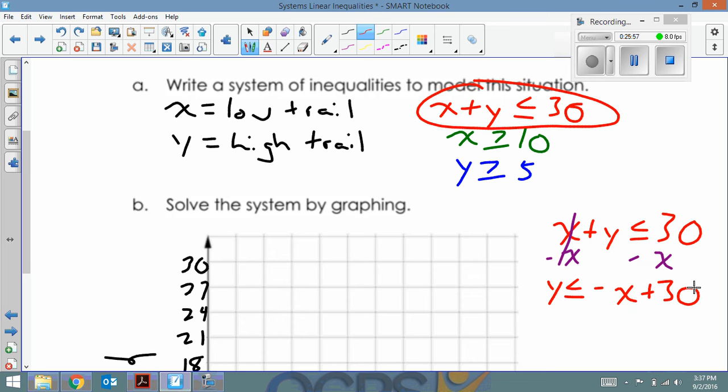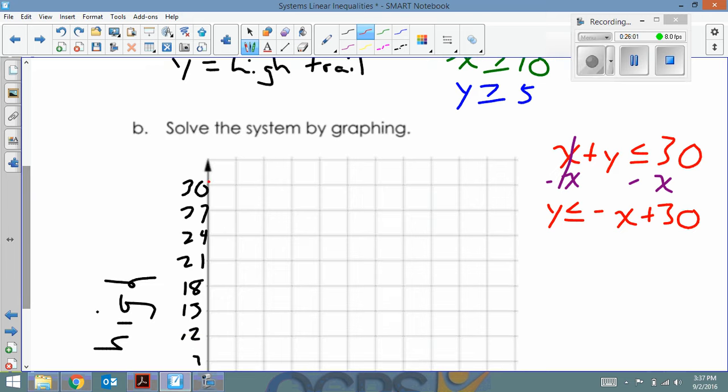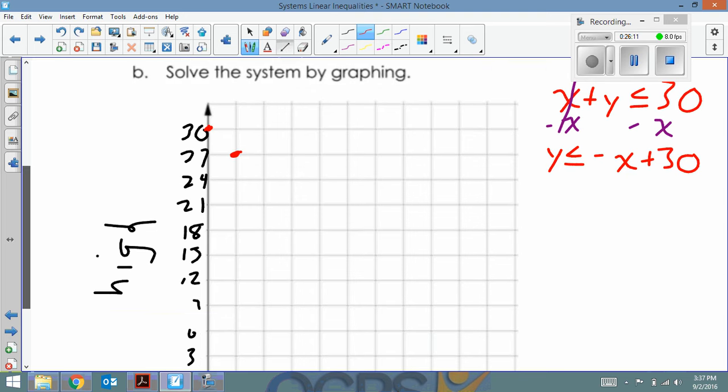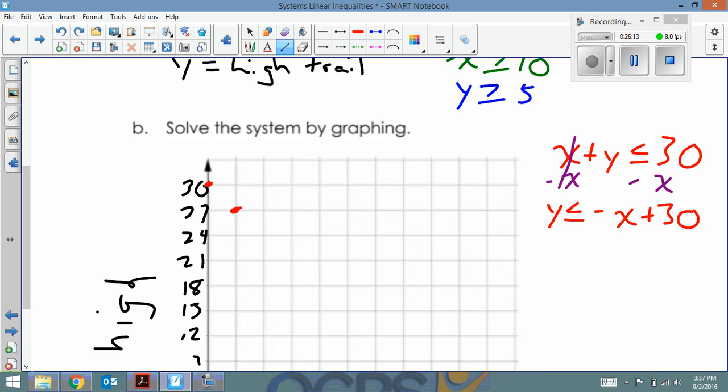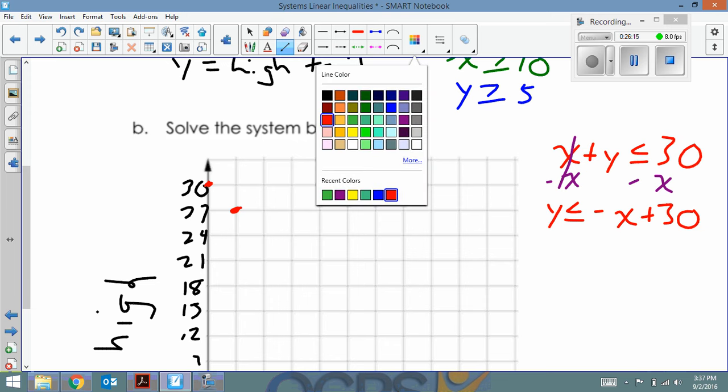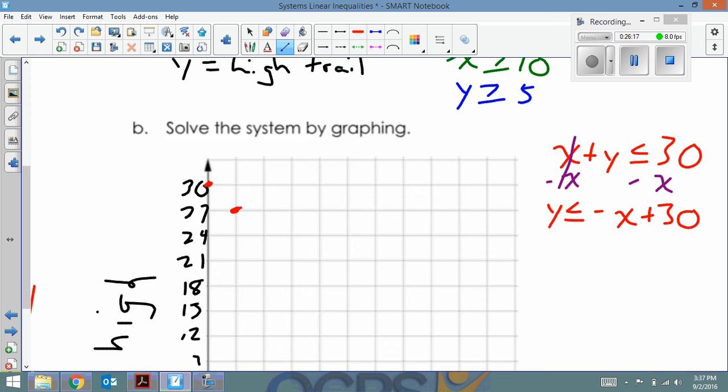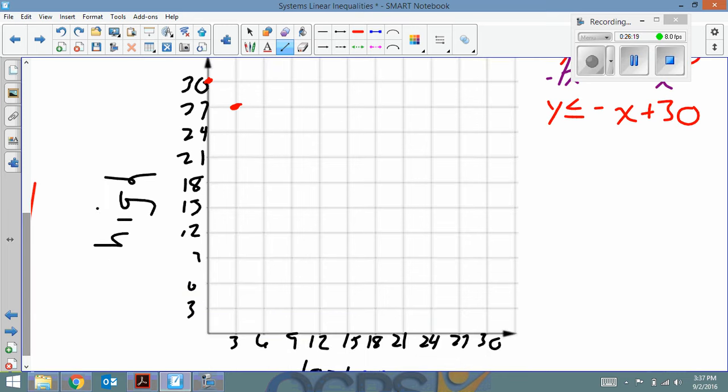So let's graph that. So we got our y-intercept at 30. We know we're going to go down 1 to the right 1, so I'm going to go down 3 to the right 3. And we're going to graph this line. It's going to be solid because we're equal to it. And there's my line right there.